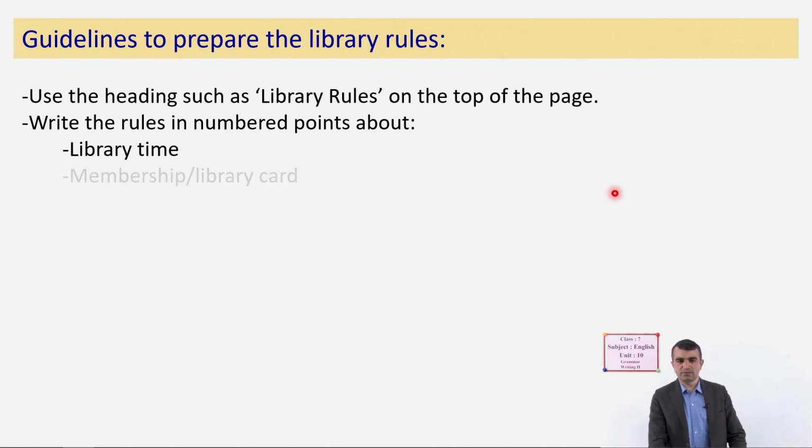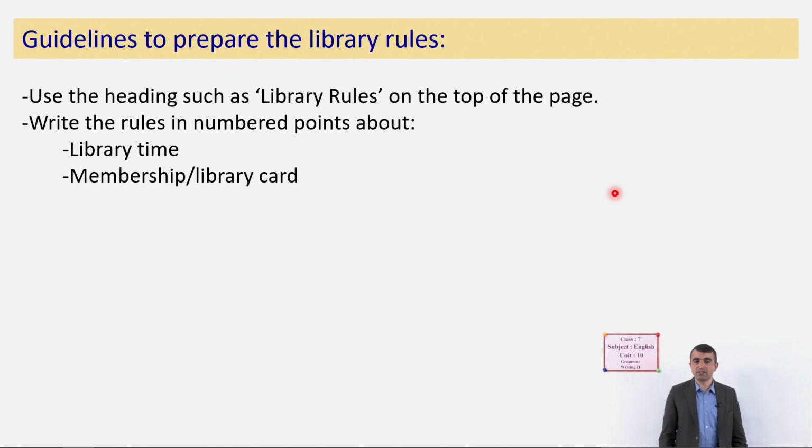Now next rule you can write, number 2, membership, a library card. Do you need membership or a library card to go to your library or not? In many libraries you need to use your library card. Even your school ID card works. Now write a rule about it.